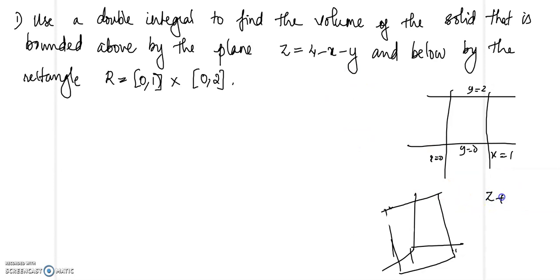We have z plus x plus y equal to 4. So it will pass through the point (0, 0, 4). This surface will intersect the z axis at the point (0, 0, 4), the x axis at the point (4, 0, 0), and the y axis at the point (0, 4, 0). So that is how your surface looks.